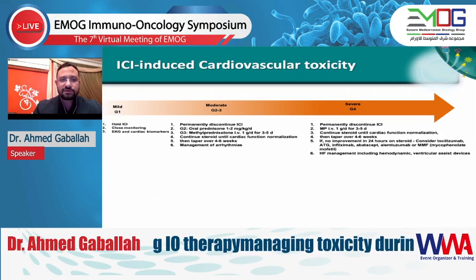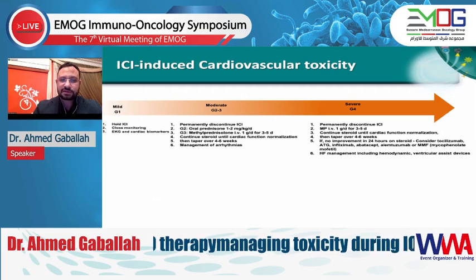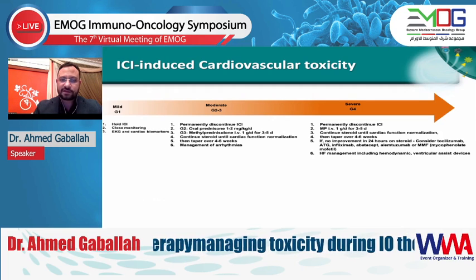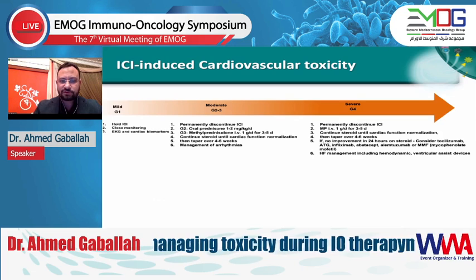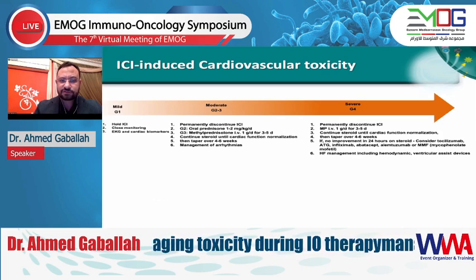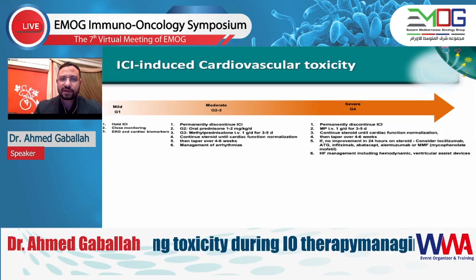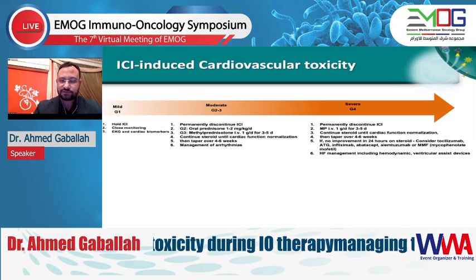For grade 2 and 3, we start with oral steroids, and if the patient is not improving, or has grade 3, we start immediately with IV steroids with continuous monitoring of the cardiac function. Once the patient improves, we can taper the steroids over 4 to 6 weeks.